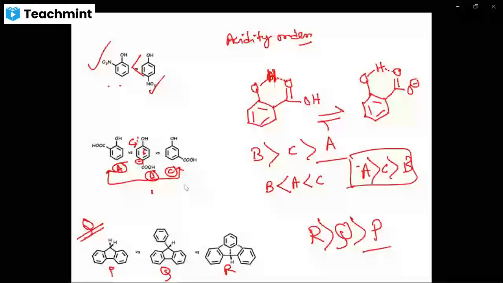You are not audible properly. Can anyone tell why this order will be followed? Can you just elaborate what planarity factor you're talking about?